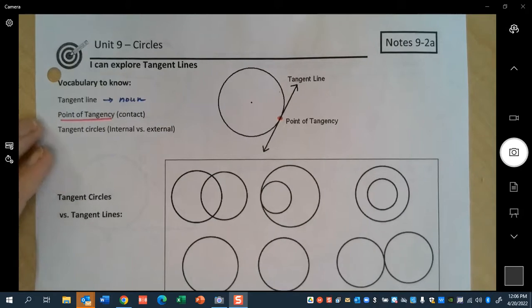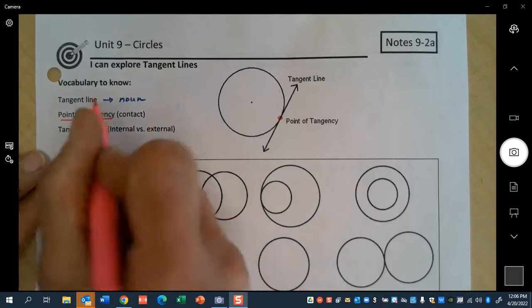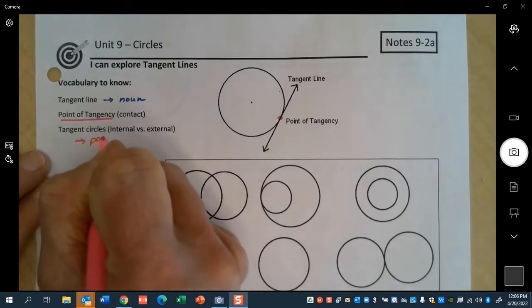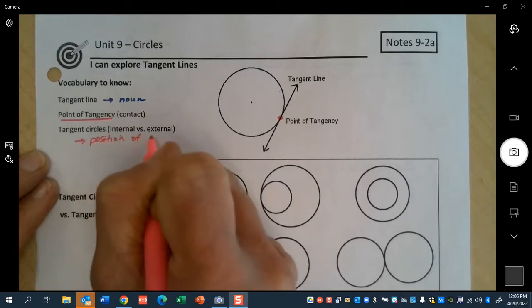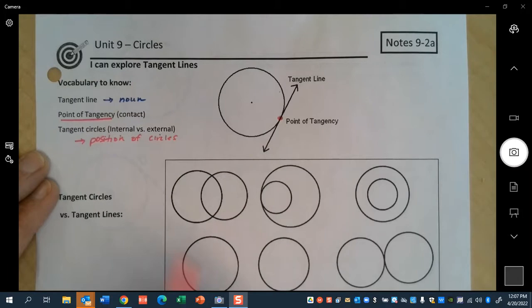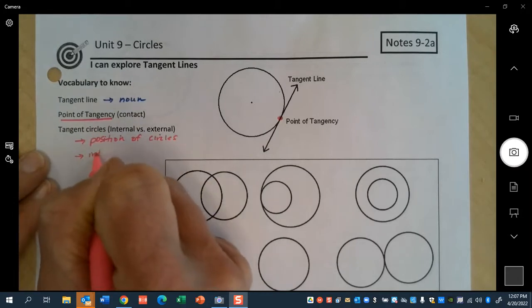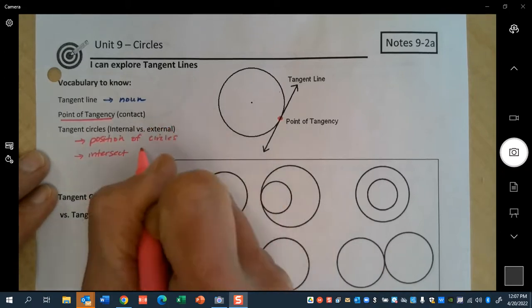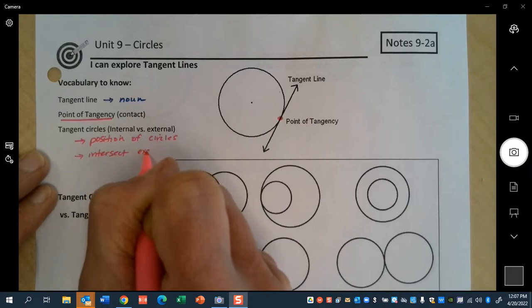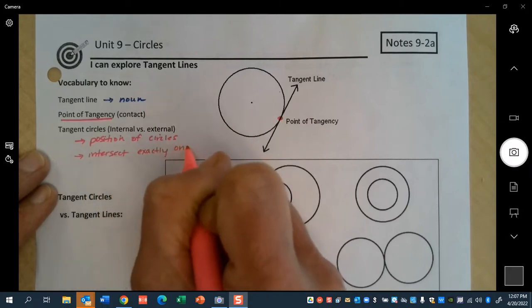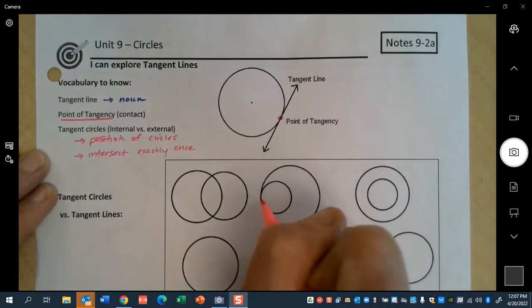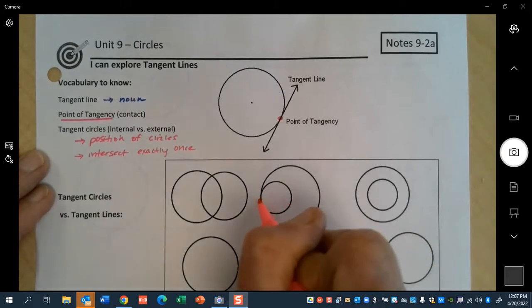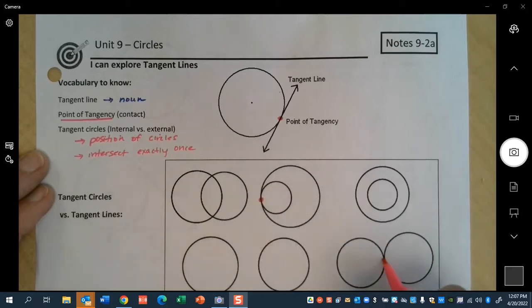When we talk about tangent circles, we can describe the positioning of the circles and how many times they intersect. If the circles are tangent, then they intersect exactly once. So when I look here, I've got 2 tangent circles here and 2 tangent circles here.